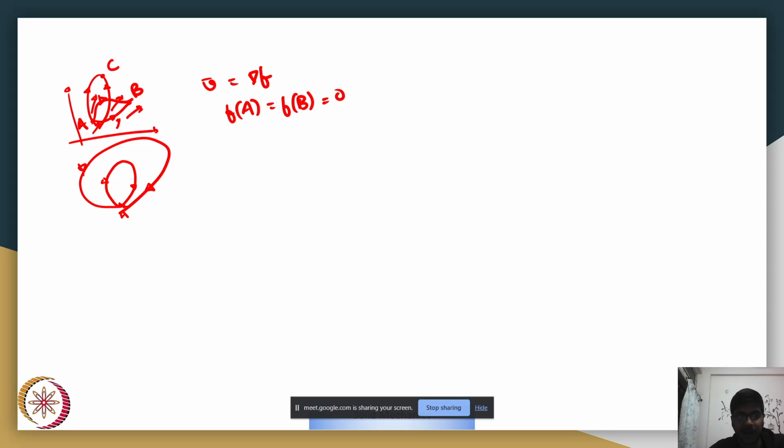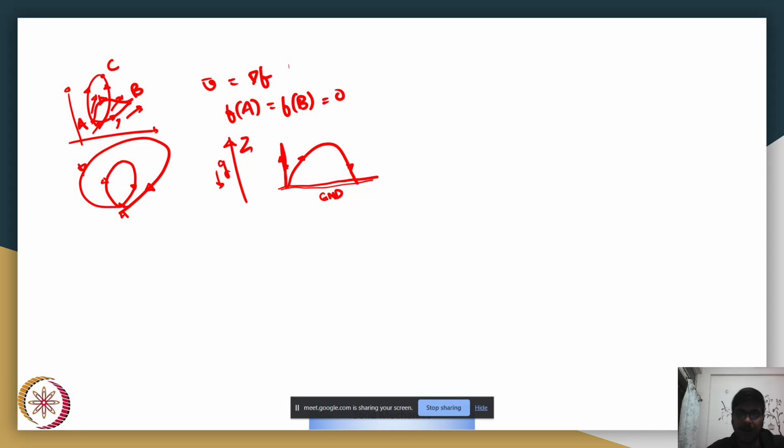Suppose, like gravity, you have a ball at the bottom, you throw it up and catch it back, and then calculate the work done by gravity. That would be 0. Or if you throw a ball across the ground like a projectile, whether it moves like this or like this, and this is your z-axis and gravity is acting like this, since it ends up at the same z level, the ground level, the work done would be 0.